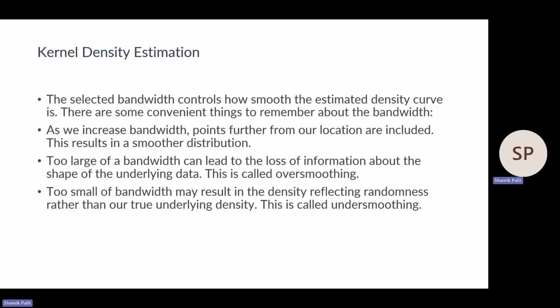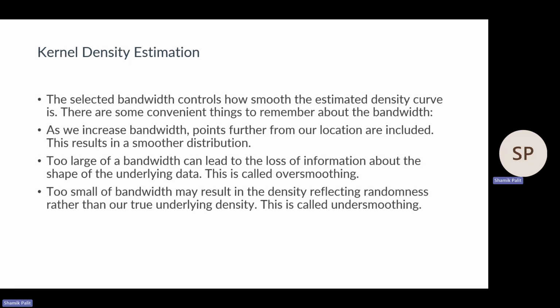Whenever we are talking about kernel density estimation based on bandwidth, there are two categories of smoothing we need to avoid. One is over smoothing, when your bandwidth is very large, so there can be a possibility of loss of information in the underlying data. The other is under smoothing, where your bandwidth is too small and might be reflecting randomness over the underlying data points.